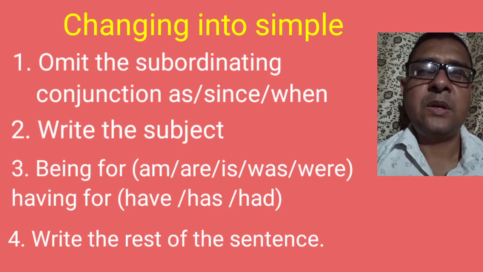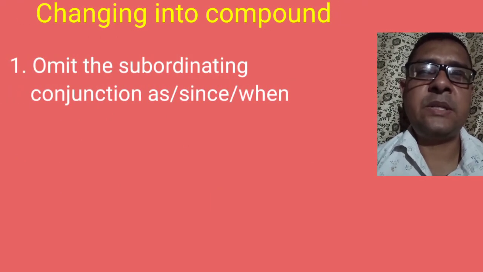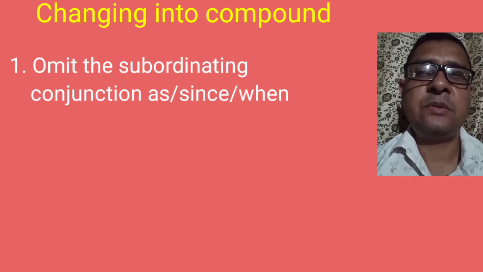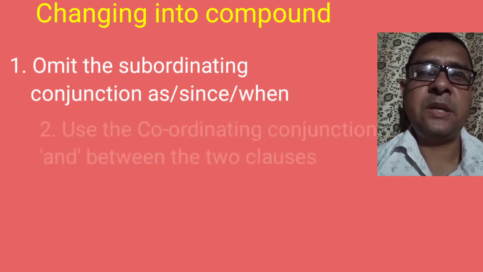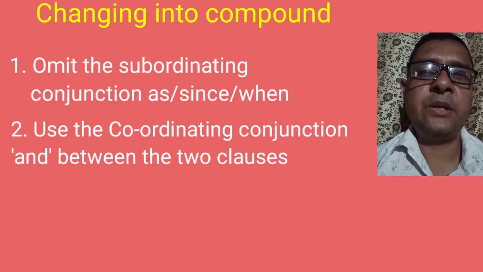And in changing into compound sentence, just omit the subordinating conjunction as, since, when, then use the coordinating conjunction and between the two clauses.